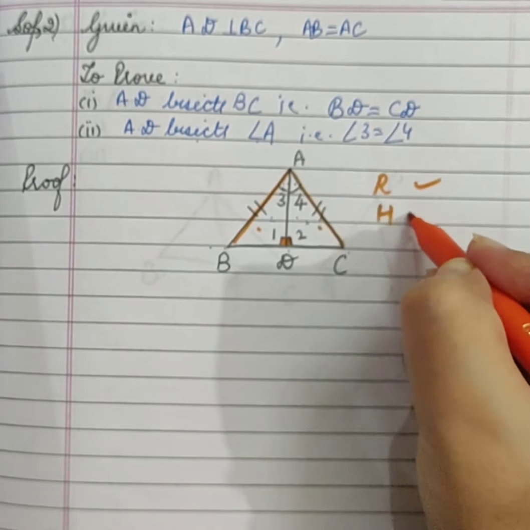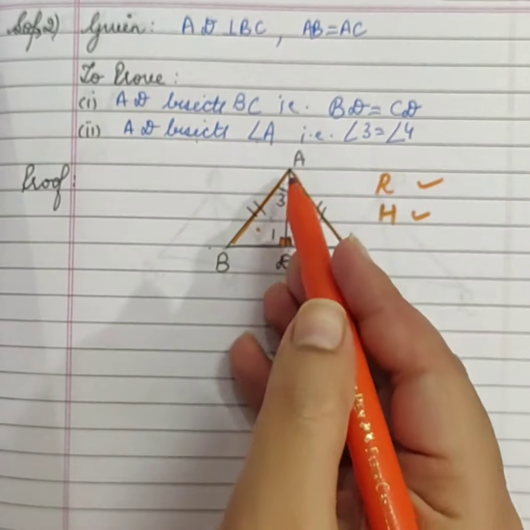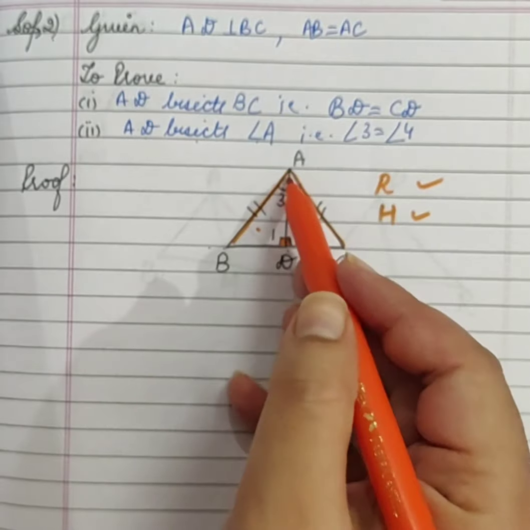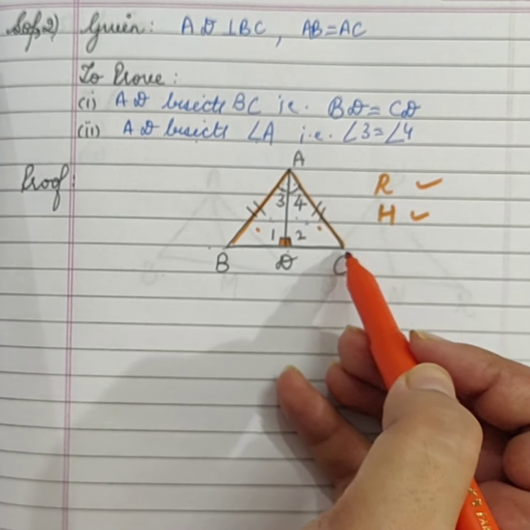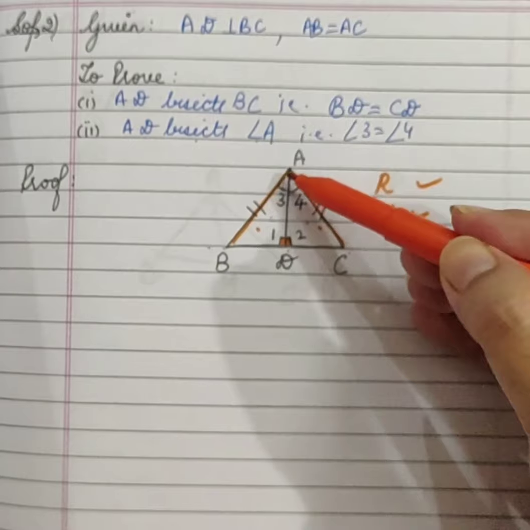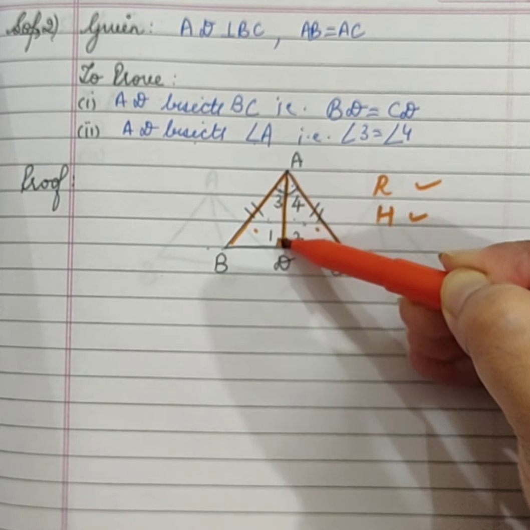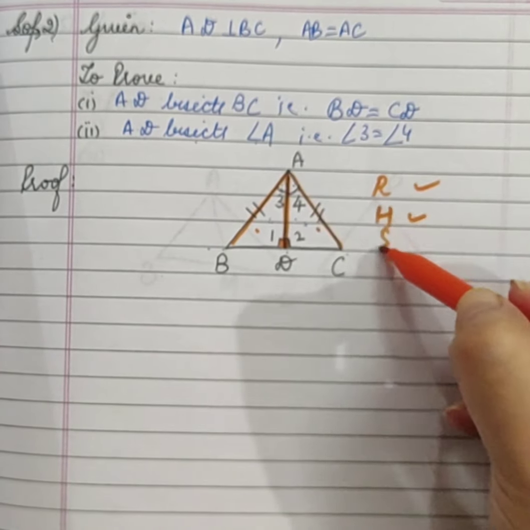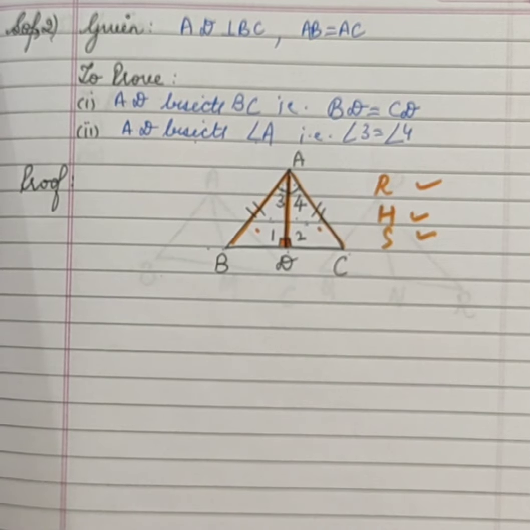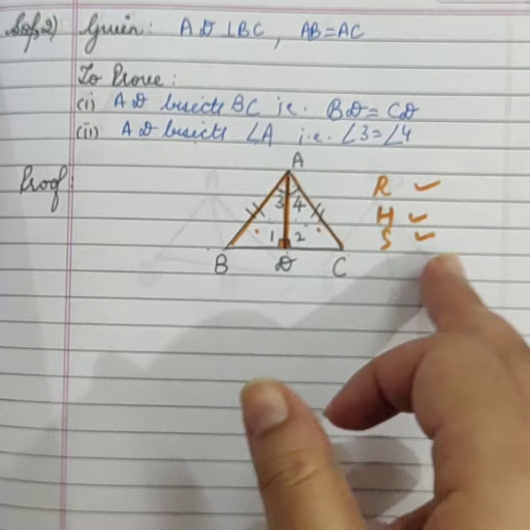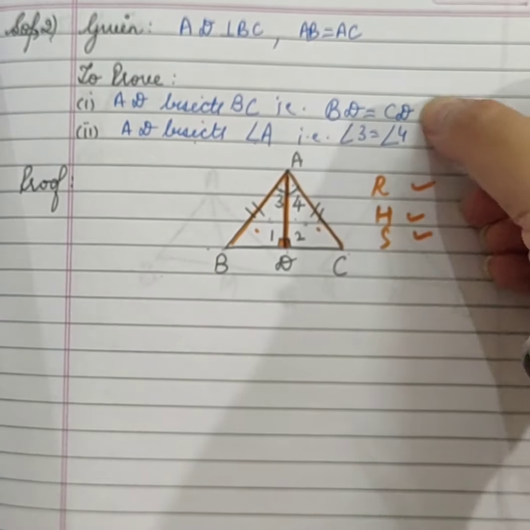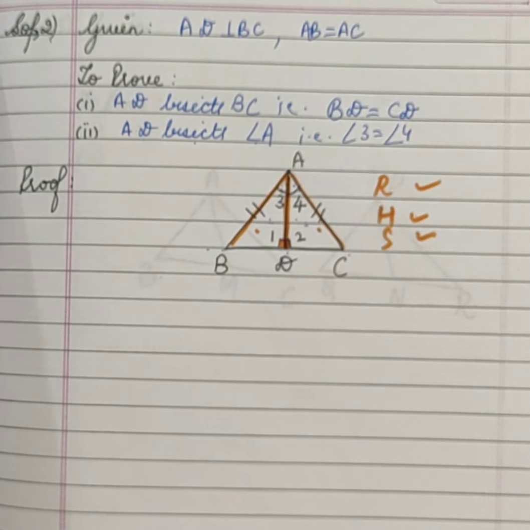That means H condition is also there. They are equal, of course. The hypotenuse AB is equal to hypotenuse AC. So H condition is there. And the side AD is common in both the triangles. So side condition is also there. So we can prove these two triangles congruent using the RHS congruence rule, and by CPCT we can prove these two parts. Let's start writing.